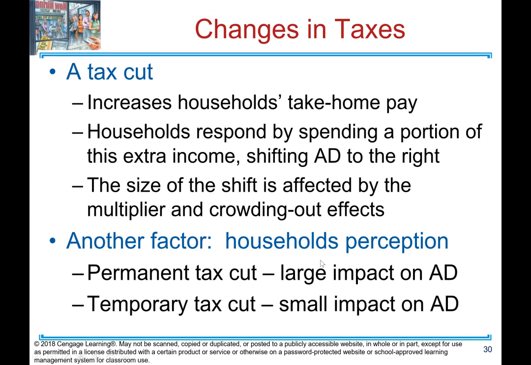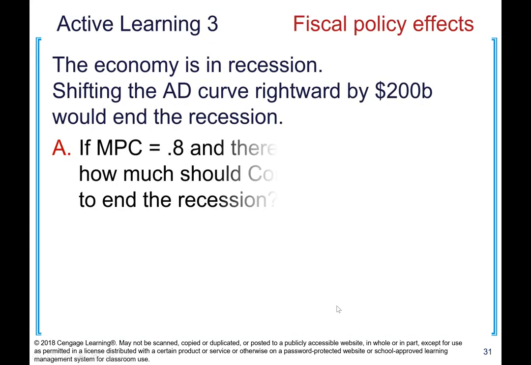Another factor is household perception. A permanent tax cut would lead to a large impact on aggregate demand. A temporary tax cut would have a small impact, as consumers will expect that they will have to pay that tax anyway, so they will cut down on their consumption spending.